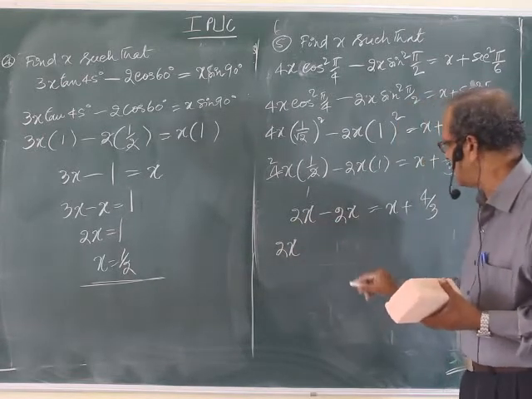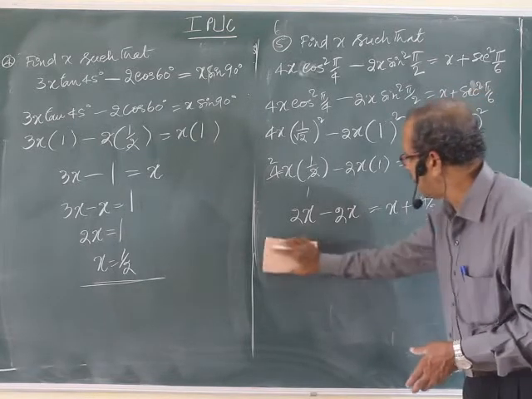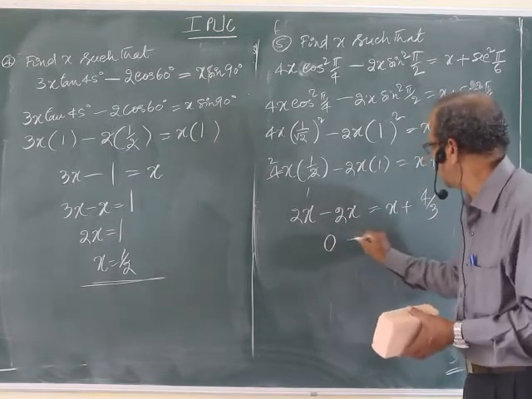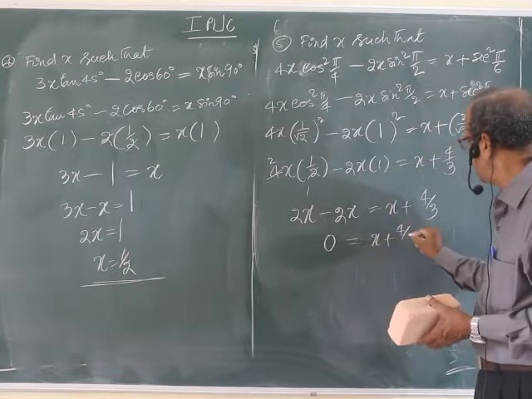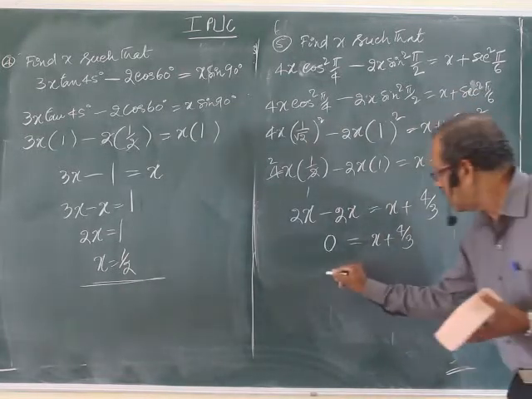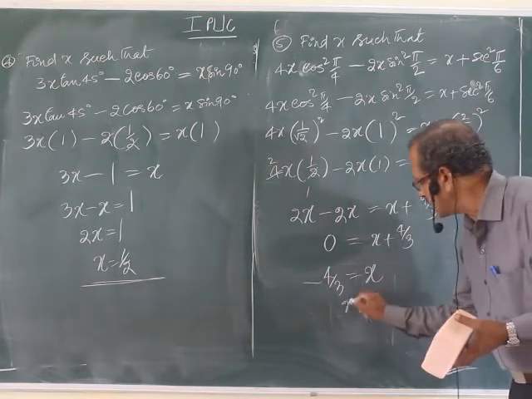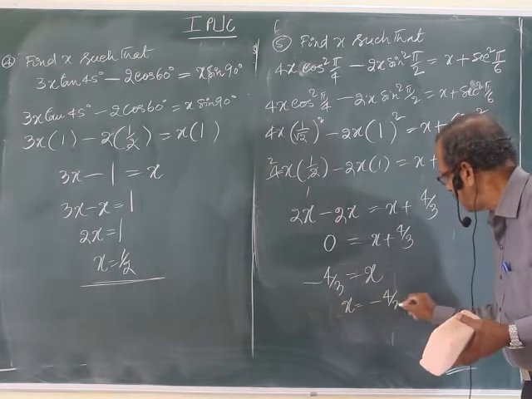2x minus 2x cancels, 0, x plus 4 by 3, or minus 4 by 3 equal to x, x equal to minus 4 by 3.